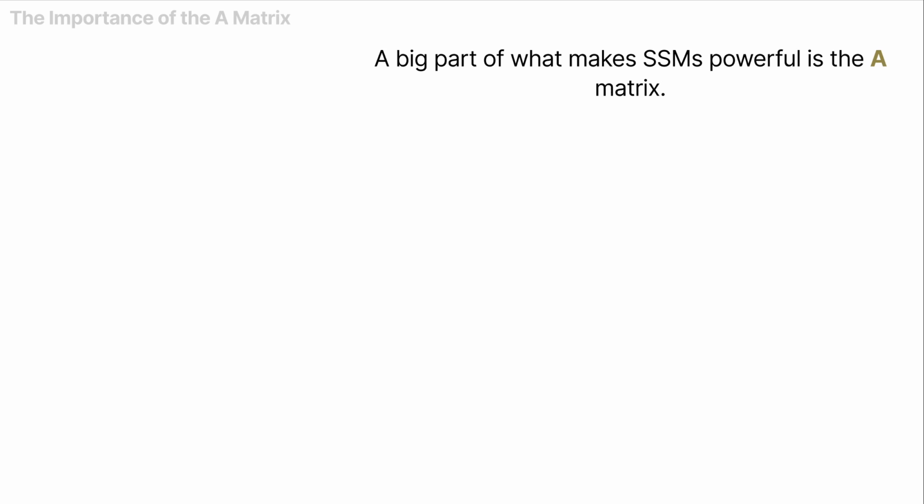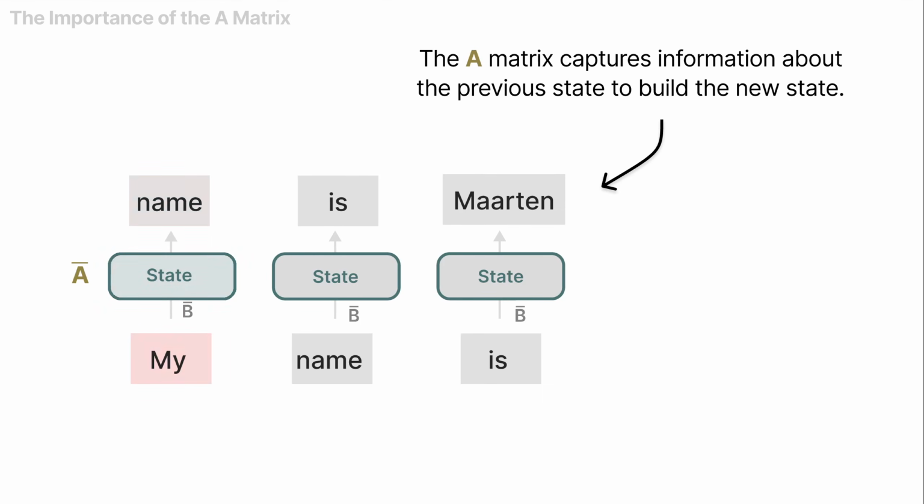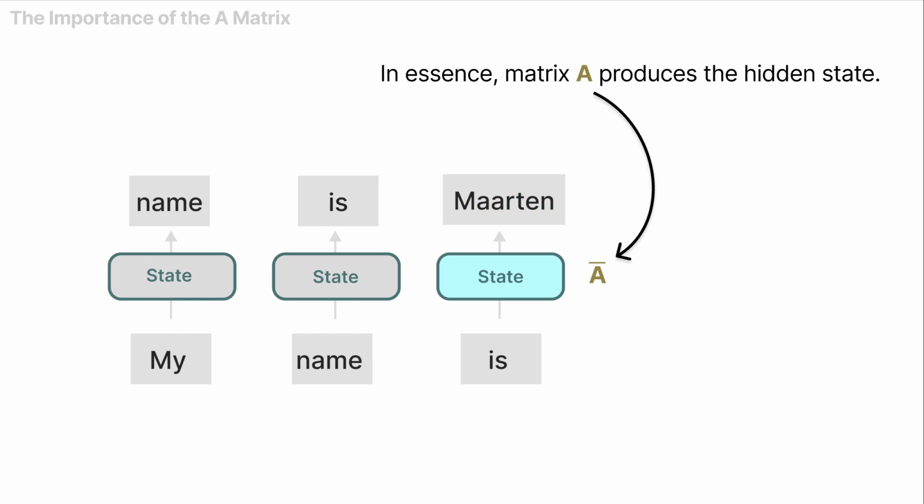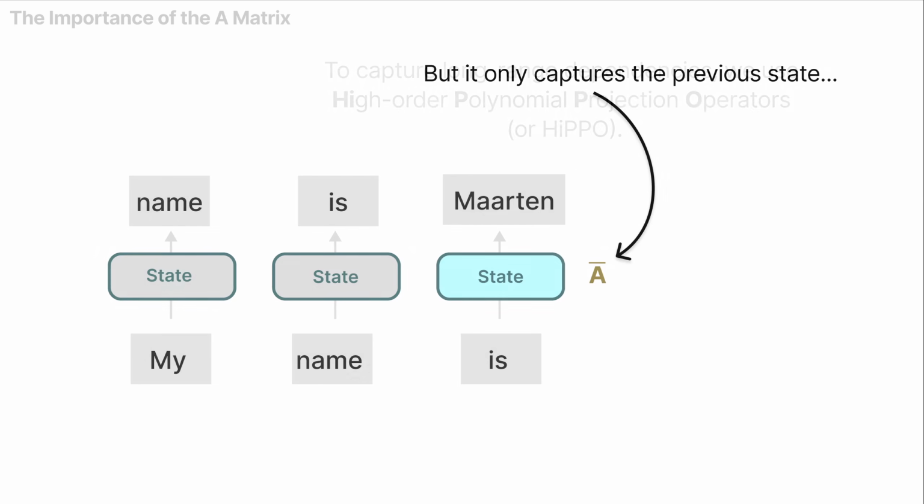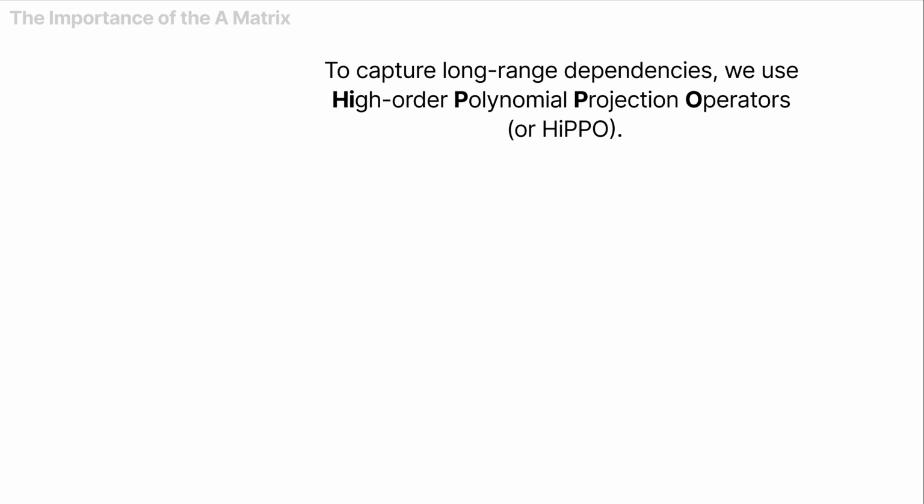A big part of what makes SSMs powerful is the A matrix. The A matrix captures information about the previous state to build the new state. In essence, matrix A produces the hidden state, but it only captures the previous state. To capture long-range dependencies, we use high-order polynomial projection operators, or HIPPO.